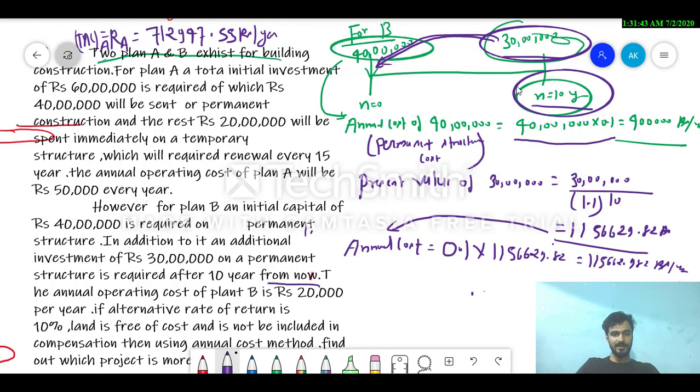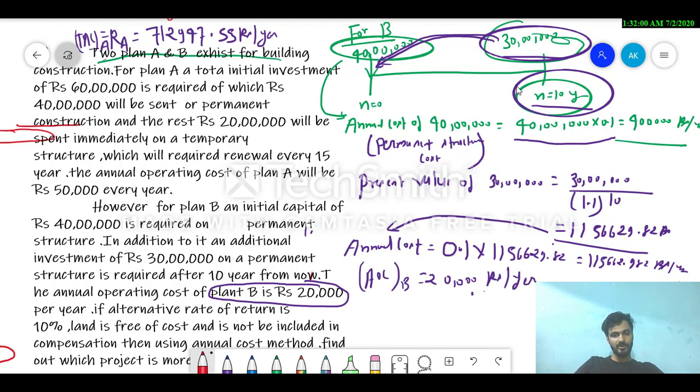Now the next thing you can see for project B is the annual operating cost, which equals 20,000 rupees per year.